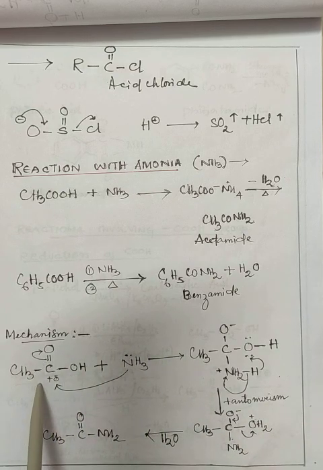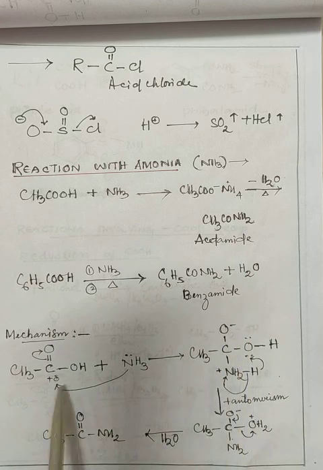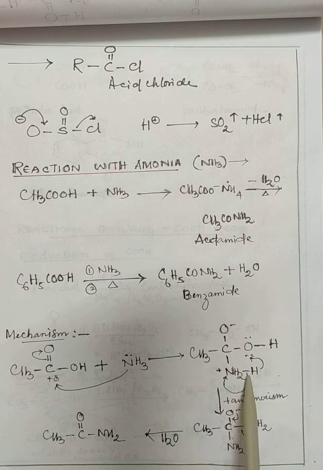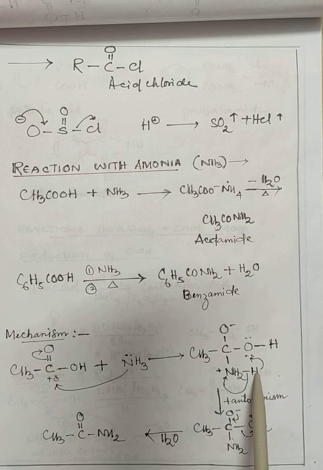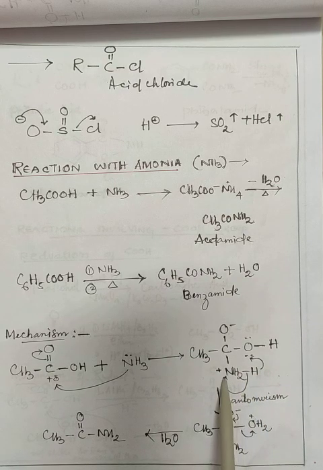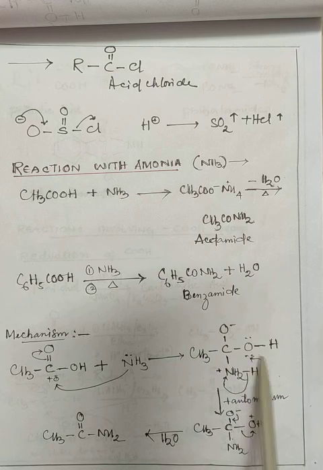Now here the mechanism for acetic acid: the double bond will break and the negative charge is given to here, and then this one will be connected to this. Then this oxygen has two lone pairs, and that hydrogen, NH2, then in between the bond will break and be given to here. When it is given to here, this will have more, then this one will be connected to this.